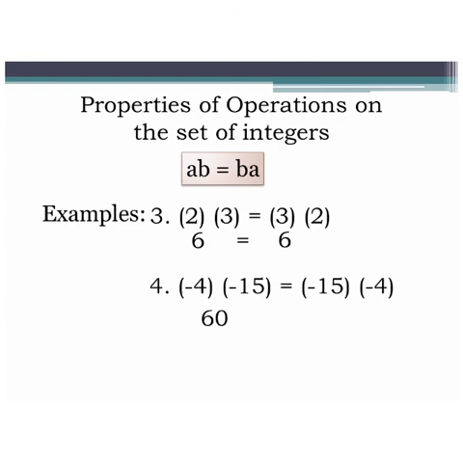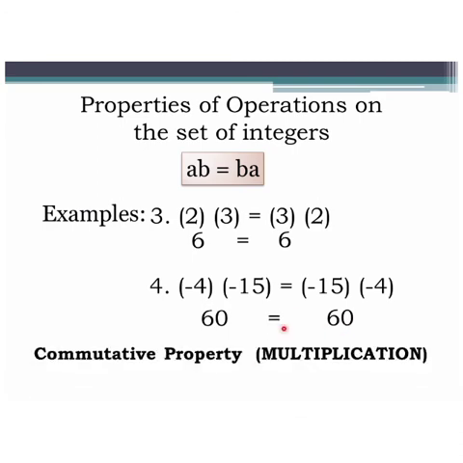So, yung product is positive 60. Tingnan natin sa kanan. Negative 15 times negative 4 is still equal to positive 60. So, both sides are equal. Again, tatawagin natin itong commutative property for multiplication.